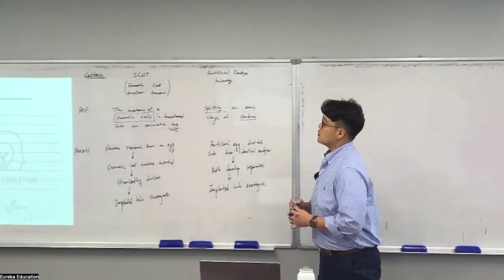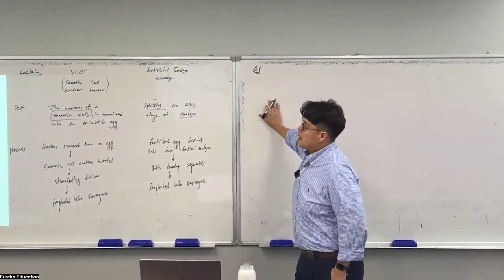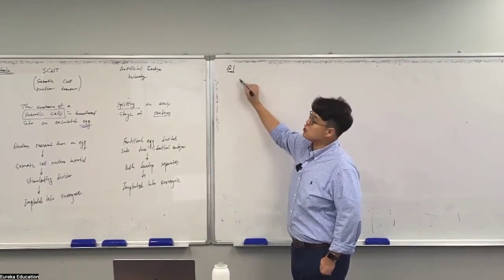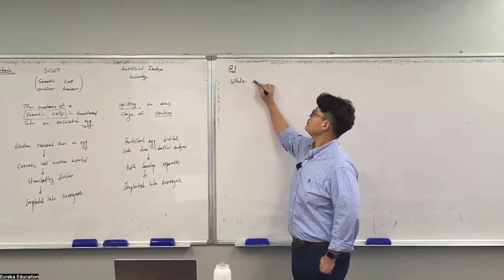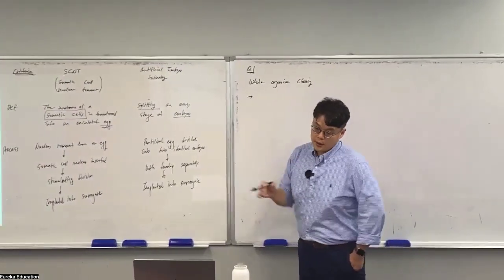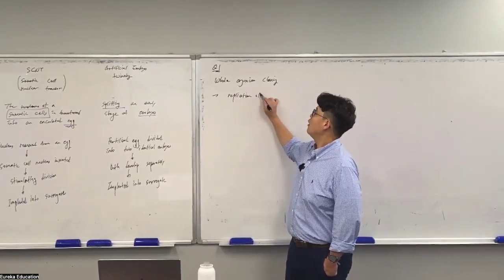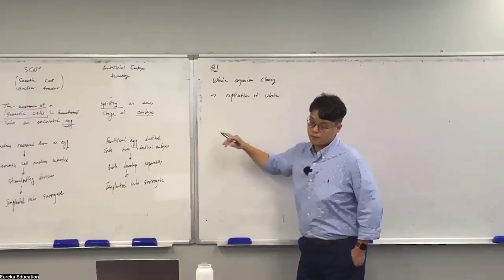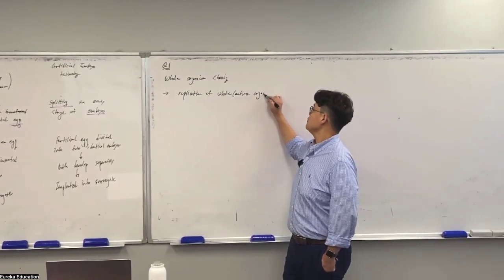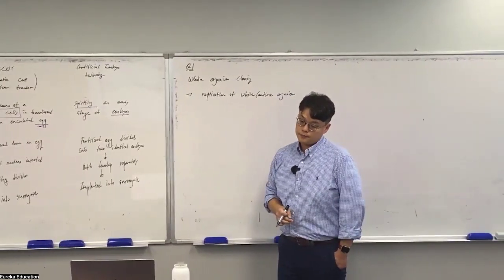Let's talk about a bit of the difference between that. First, question 1, please. Let's distinguish between whole organism cloning and gene cloning too. So for whole organism cloning, this will be related to the replication of the whole organism or the entire organism.